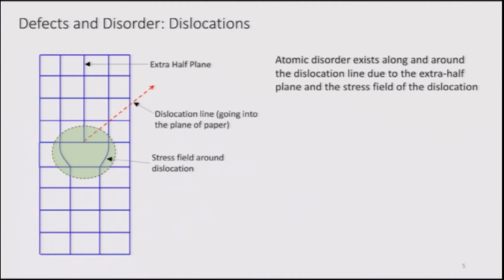Obviously, the atomic disorder near a dislocation is much lower compared to that in the grain boundary, and hence the diffusion along dislocation is slower than that along grain boundary, but it is faster than the lattice diffusion.